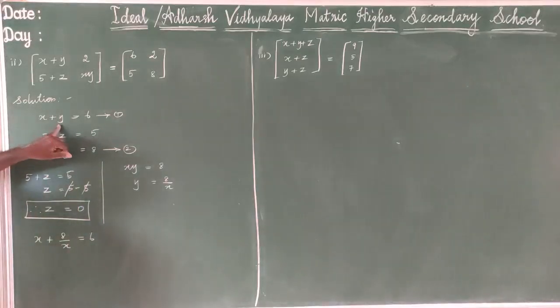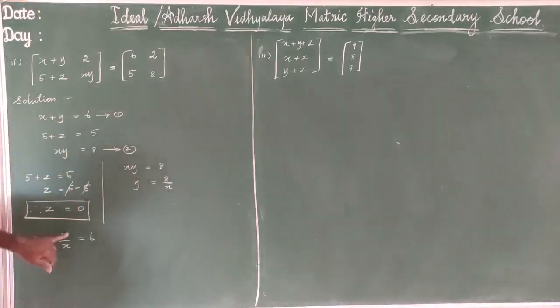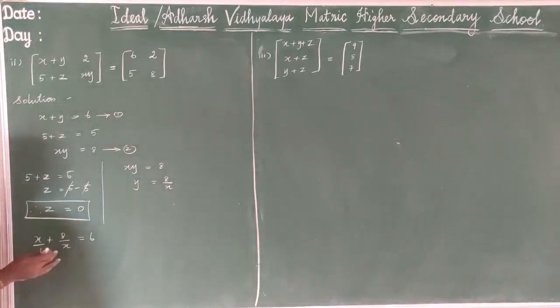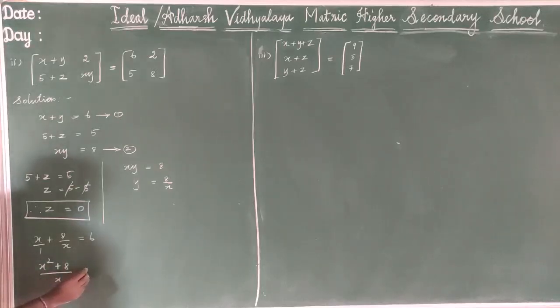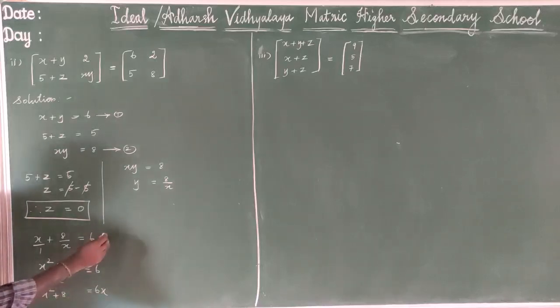Using cross multiplication, x square plus 8 is equal to 6x, because on the right side it should be 6x.